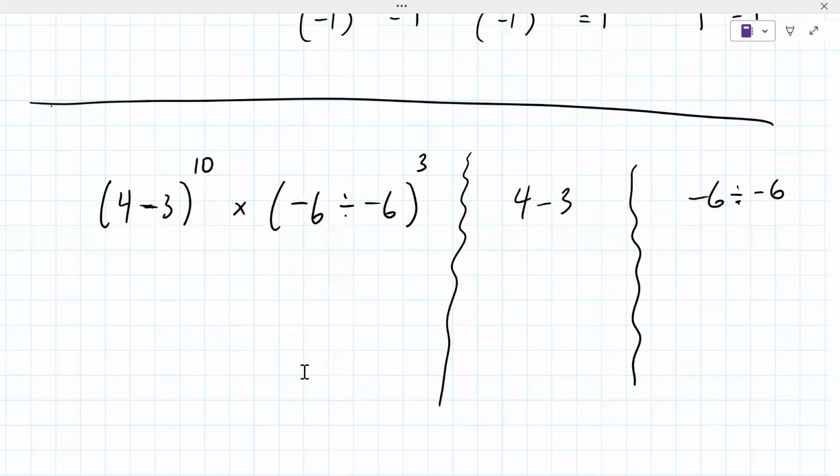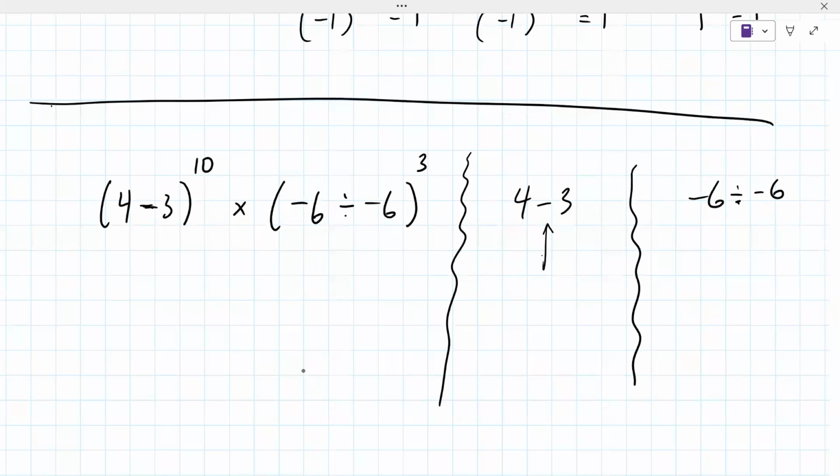So 6 divided by 6 is 1. So 6, 12, 12. What is 4 minus 3? 4 minus 3 was 12.